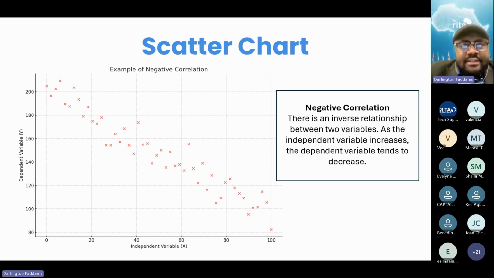So you can see that when x is somewhat 70 something, y is just 100 and something. But when x was 0, y was 200. When x was 20, y was 170 something. So you can see that there is a negative relationship. When one is increasing, the other is rather decreasing.